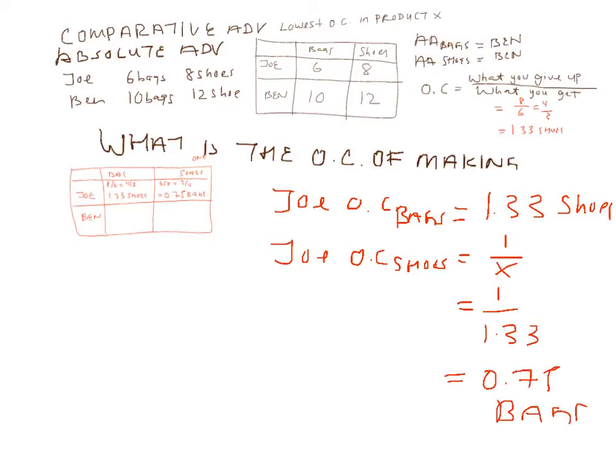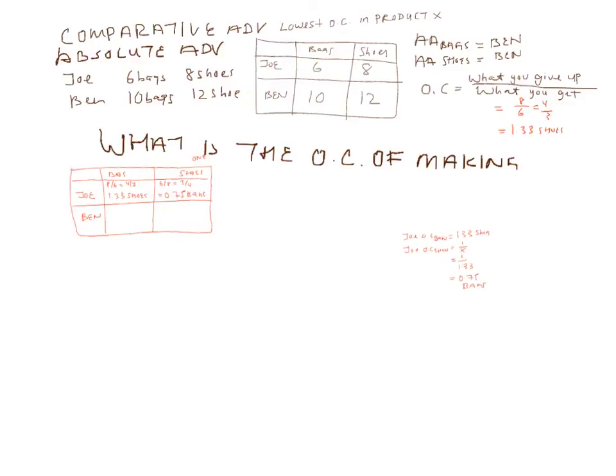So you don't actually have to calculate for the shoes once you've calculated for the bag. Just 1 divided by 1.33 and off you go. You don't actually have to work it all out again.